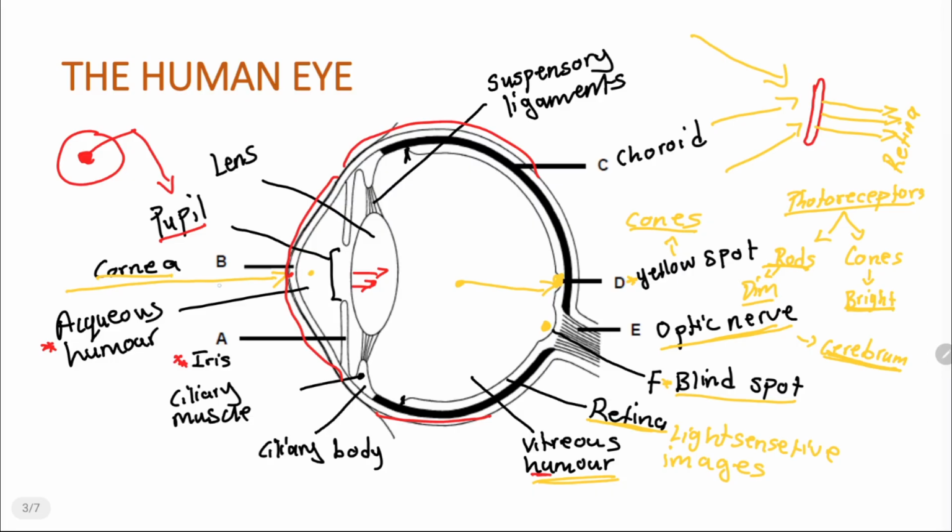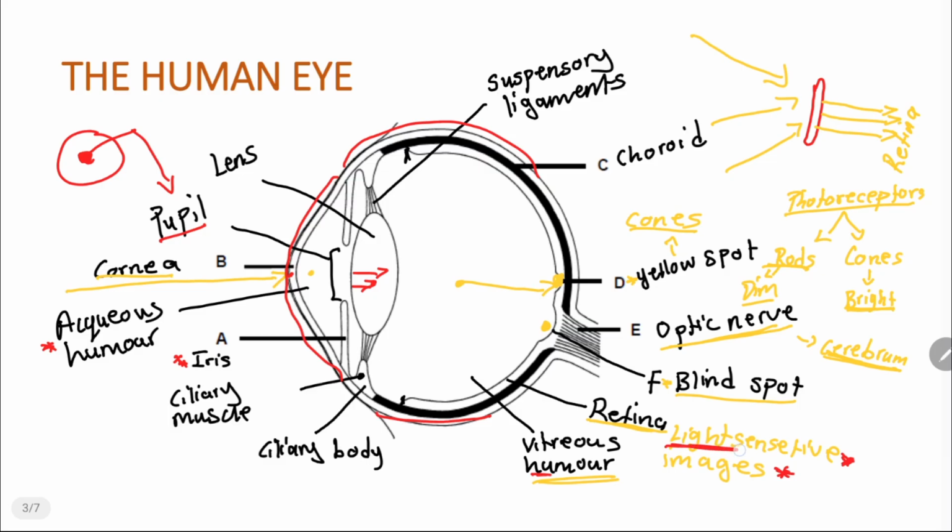Right. So after the light has been able to pass through the cornea, aqueous humor, the pupil, the lens, and the vitreous humor, that is when it will finally land on the innermost layer, which we call the retina. The retina, we've already said, is the light sensitive part of the eye, and this is where images are going to be produced.